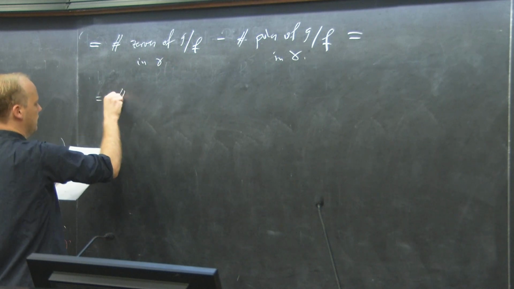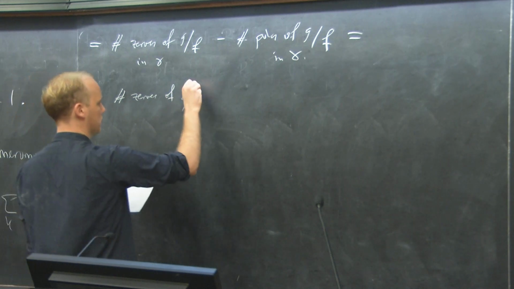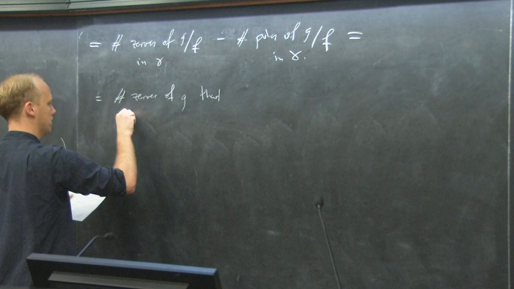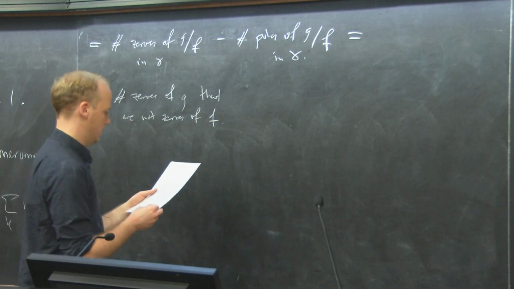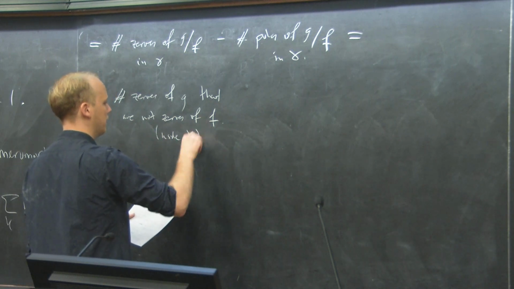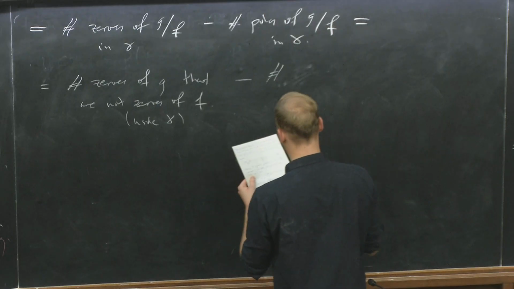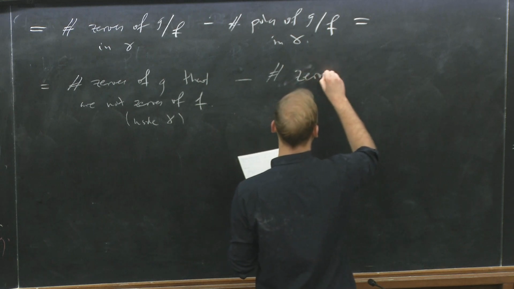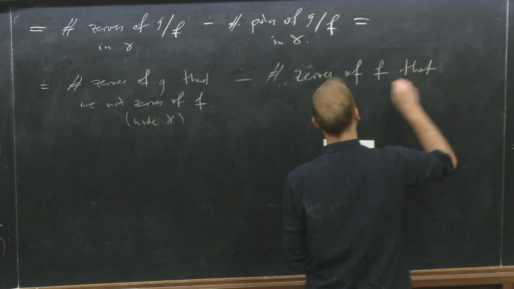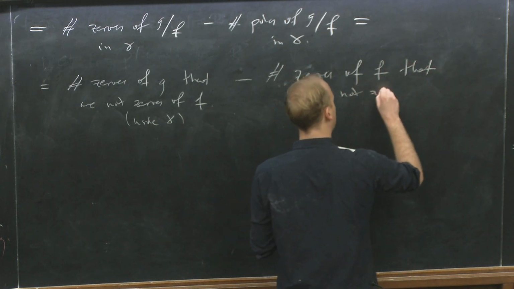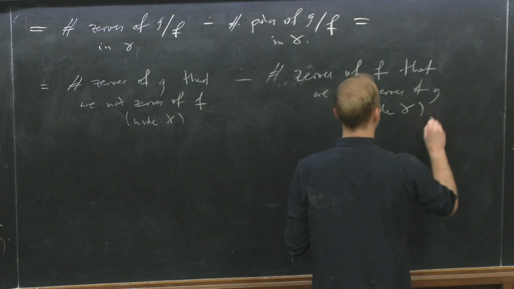Well, this is exactly the number of zeros of g that are not zeros of f, again inside gamma. And this is the number of poles, sorry. But I can also write it as the number of zeros of f that are not zeros of g inside gamma.